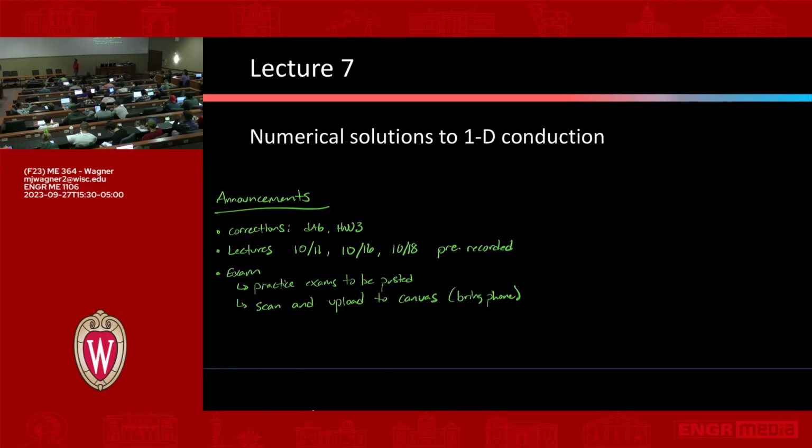There are two corrections I want to make a quick note of. They're not huge, but could be confusing if you weren't aware of them. On discussion assignment 6, I posted the solution, and it had an error in the calculation for M. If you looked at the solution for discussion assignment 6 and noticed that, just cross that out.